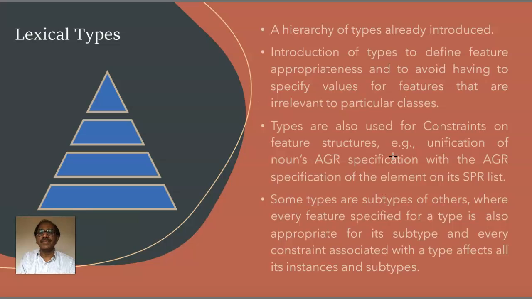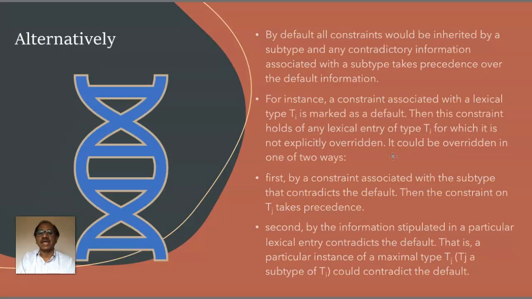We are using the lexical hierarchy, type hierarchy, containing types, subtypes, and subtypes containing subtypes. Earlier we said only subtypes can inherit the features from types, but now we are saying not necessarily. Types will have default information and subtypes may have contradictory information which may take precedence over the default information.